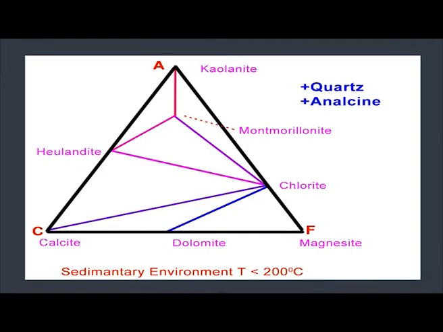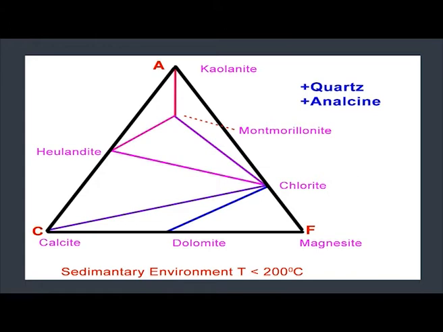Let us see the ACF diagram on screen of zeolite facies when the temperature is less than 200 degrees centigrade, that is sedimentary environment. As per the diagram, A corner is occupied by kaolinite, F corner by magnesite and C corner by calcite.